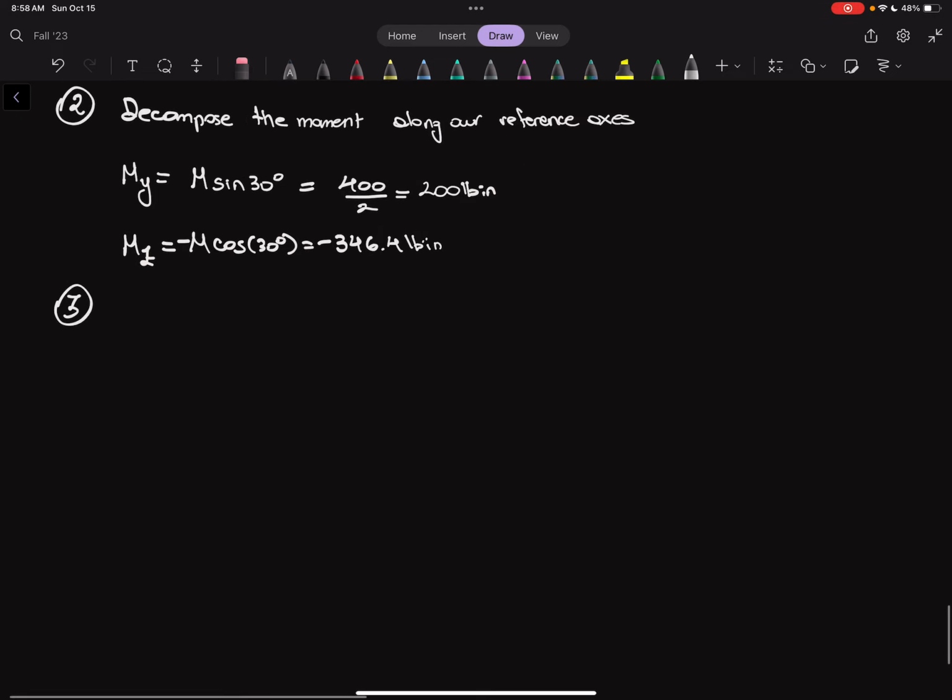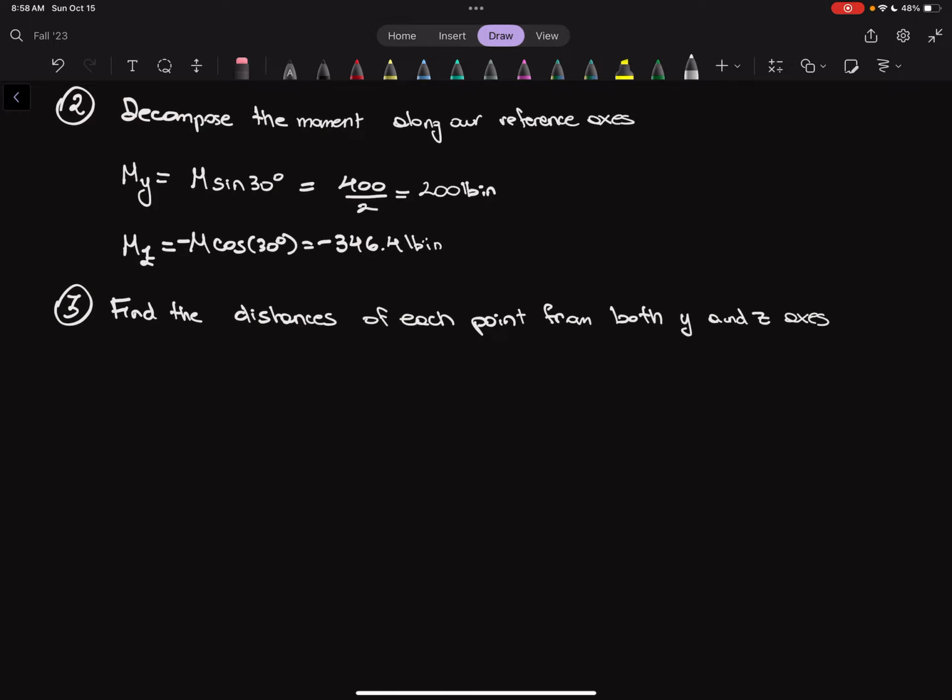Then part 3 is we need to know the distances of each point from both the y and z axes.